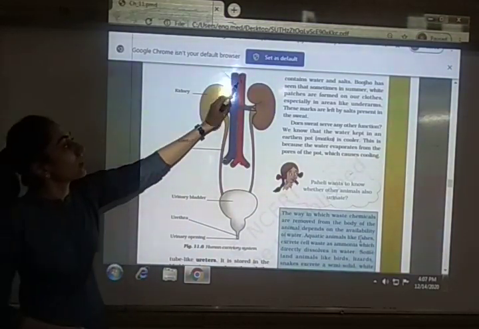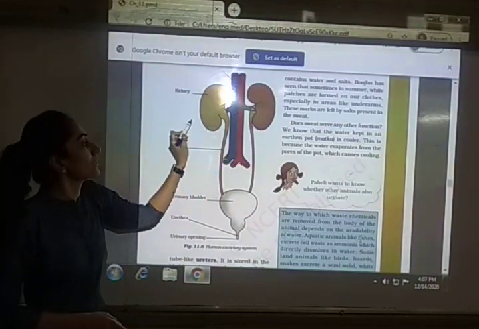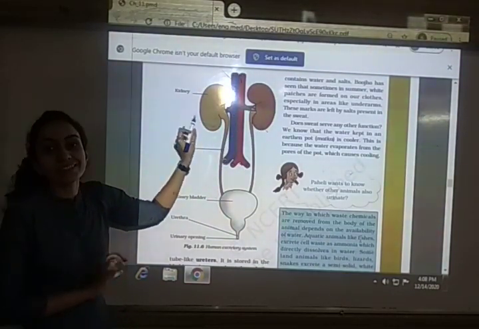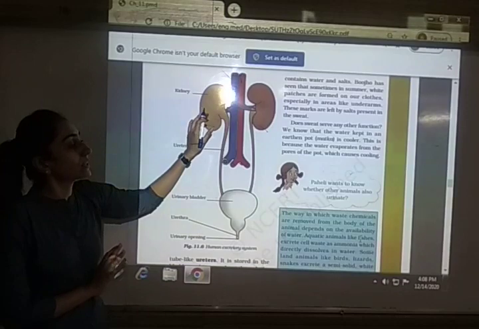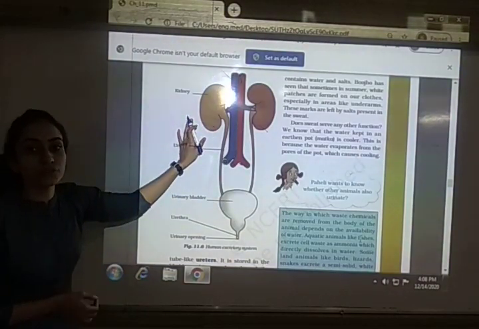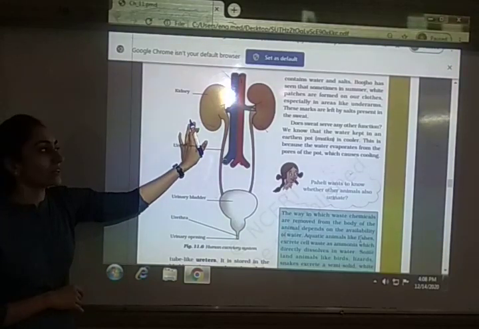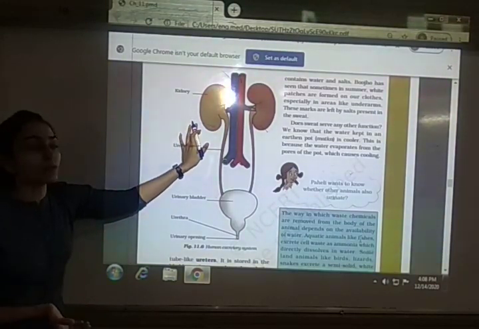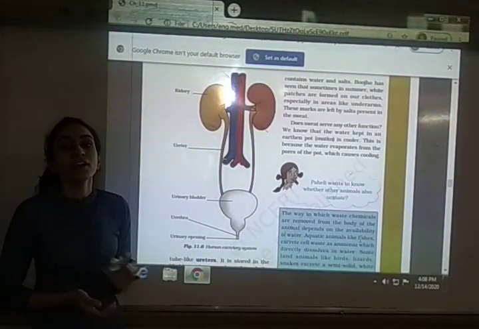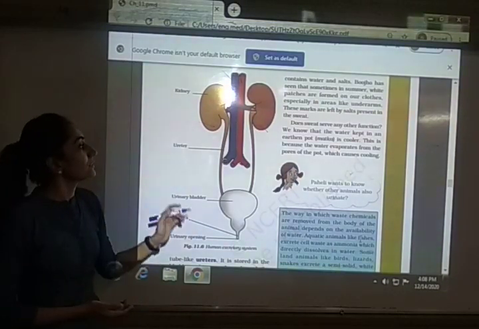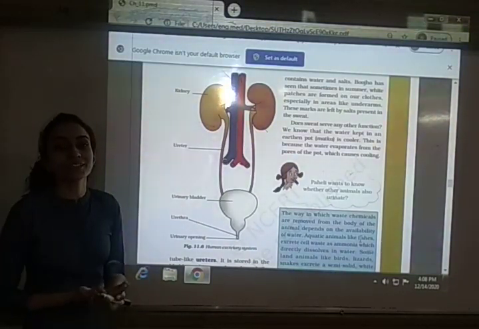From these blood vessels, the blood reaches the kidneys. The blood which reaches the kidney contains both useful and harmful substances. The useful substances are absorbed by the blood again, and the non-useful or harmful substances, dissolved in water, are removed from the body as urine.